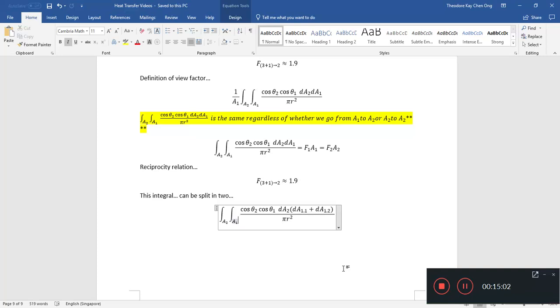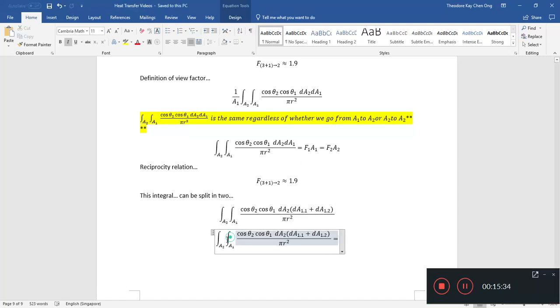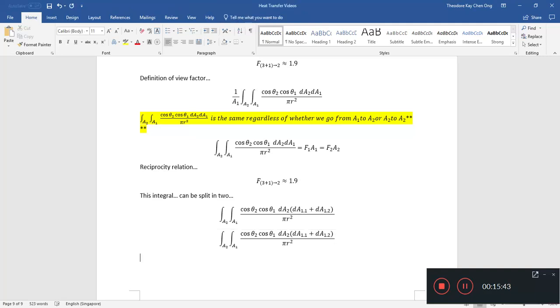If you want to split this integral in two, all we have to do is this.